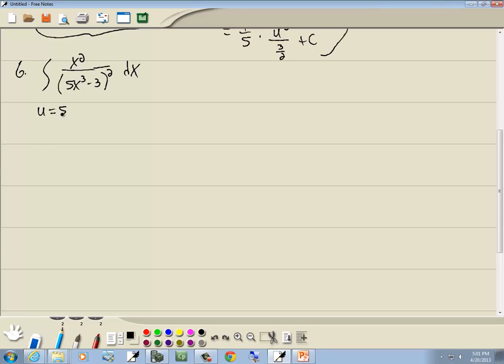So u is going to equal 5x to the third minus 3. du, the derivative of that: derivative of 5x to the third is 15x squared, and we add on our dx. Well, we have the x squared, we have the dx, but we don't have the 15. So we'll put a 1 over 15 out in front, and then we'll put a 15 inside.